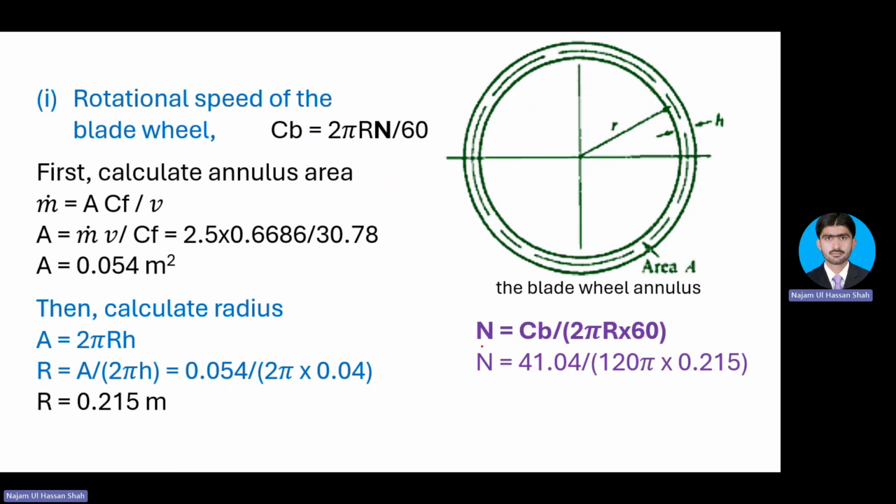So with this formula, the value of N will be in units of RPM, revolutions per minute. After calculation, we obtain 1824 revolutions per minute. Or if we want to convert into RPS, 30.4 RPS is the answer.